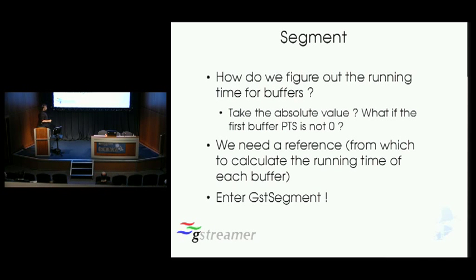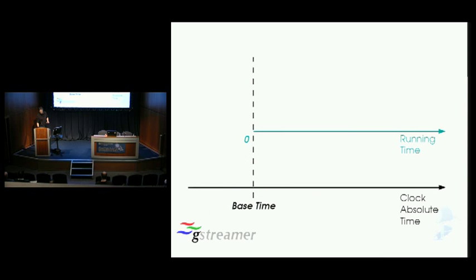But what if the buffer timestamps don't start with 0? Let's say I'm seeking in a file, seeking 2 hours into my movie. The buffer timestamps are going to start with 2 hours. Do I wait for running time 2 hours?